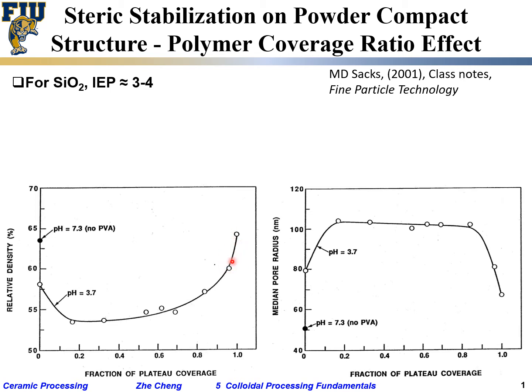Pack more dense means what? The packing density decreases to 58 due to the so-called bridging flocculation, but then goes back to 58 and then goes up to 65 or even 66.